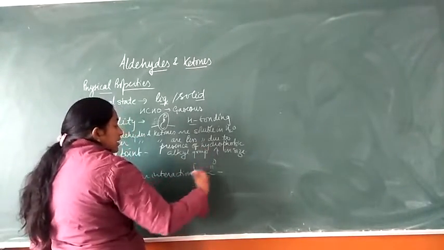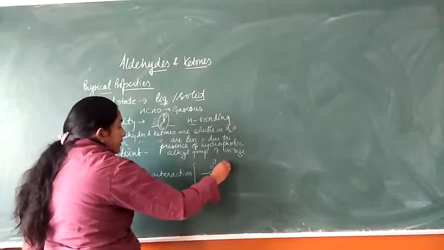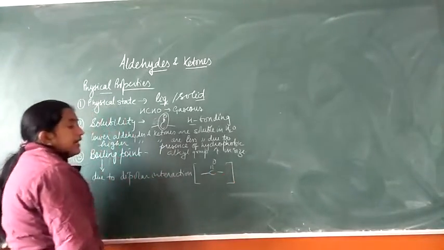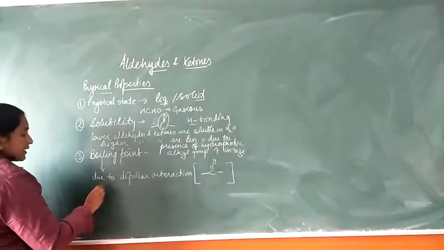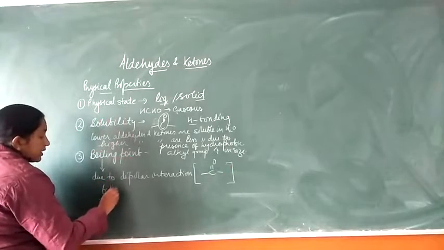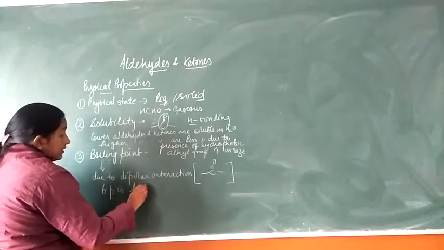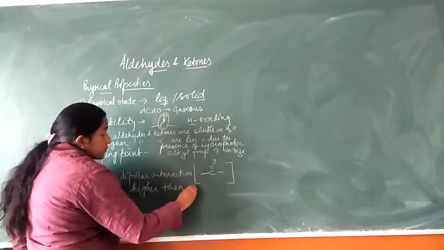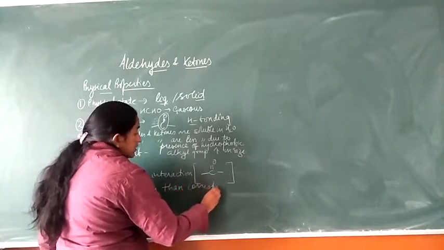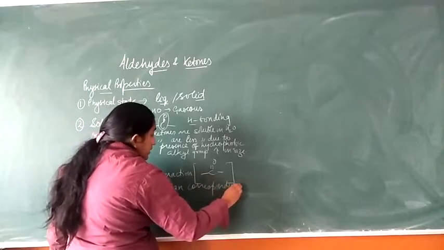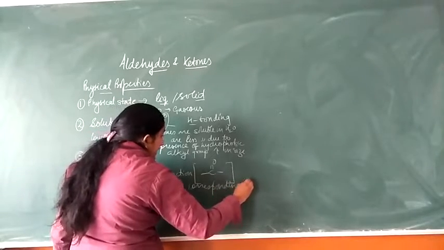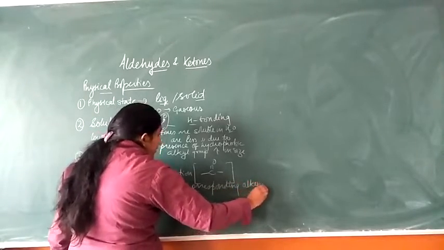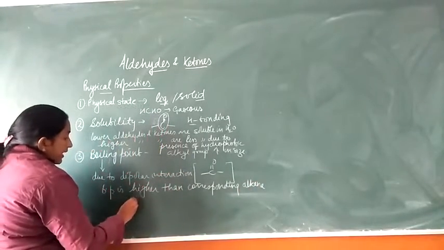So there will be a dipolar interaction between the nearby aldehyde or ketone molecules. Due to dipolar interaction, the boiling point is higher than the corresponding alkane, that is their parent alkane from which they have been derived, or the ether, right?